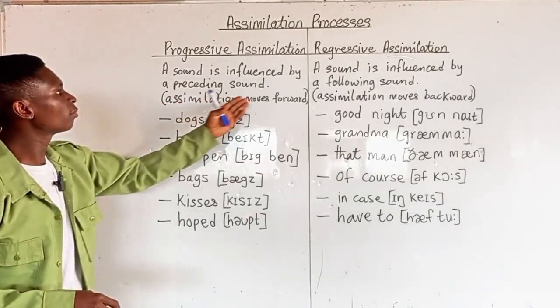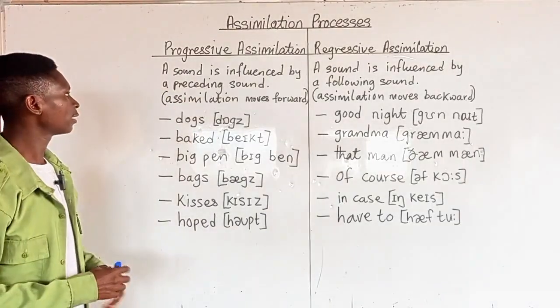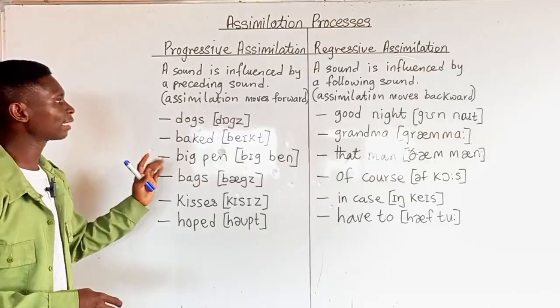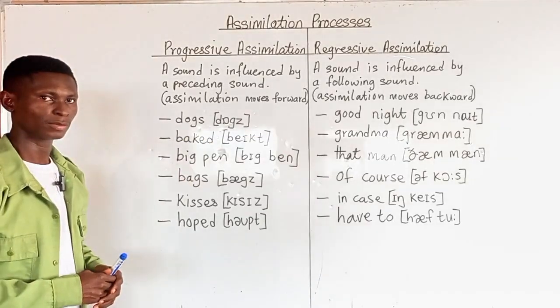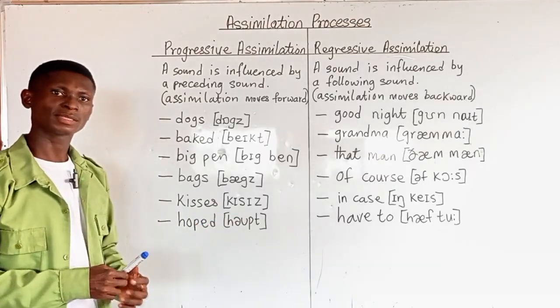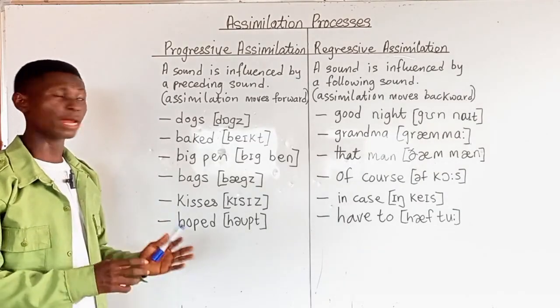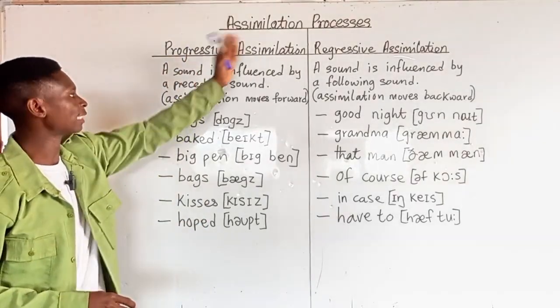So assimilation moves forward. The preceding sound affects the next sound. So the next sound is the one receiving the features of the sound before it when we have progressive assimilation.